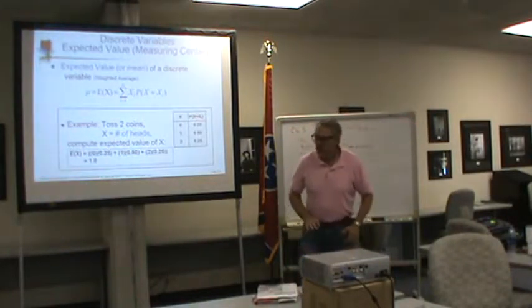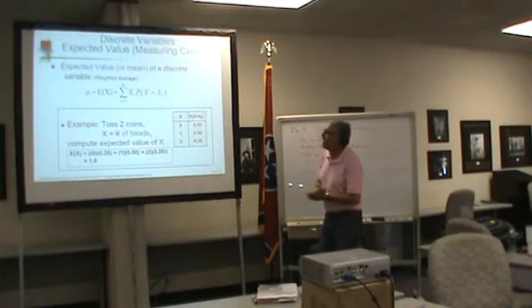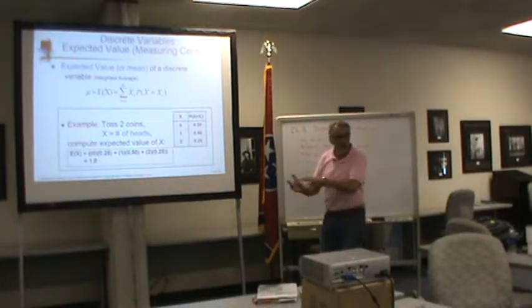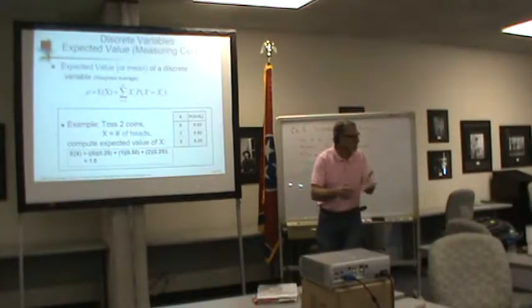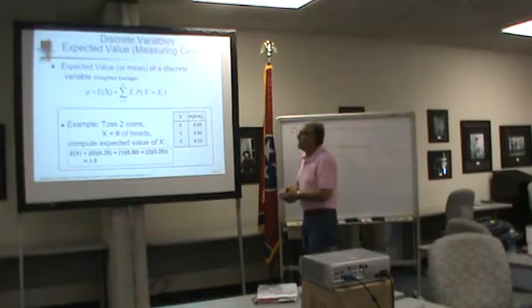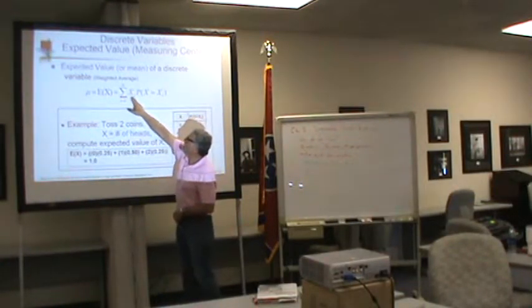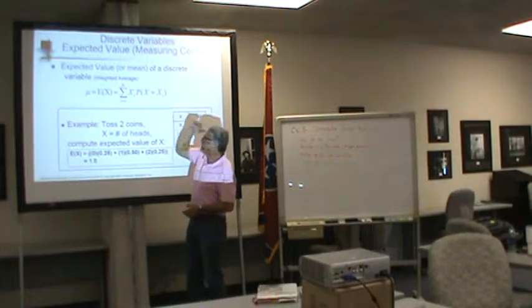Okay, so let's look. What's the mean of a distribution like the one we saw, the coin tossing in the previous slide? Well, the mean, the expected value, is just each of the occurrences that you could have times the probability of occurrence.